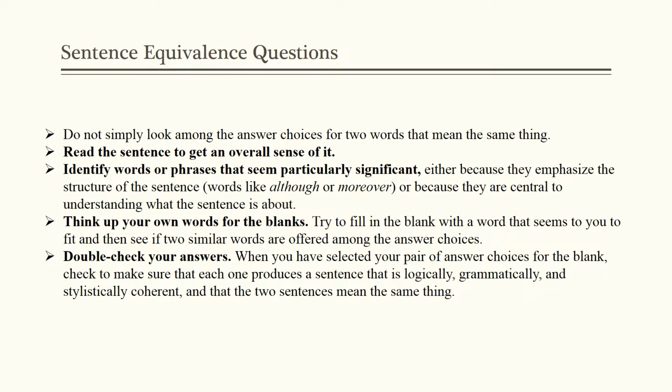Try to fill the blank with a word that you think might fit, and then look at the answer choices for two similar words that have the same meaning. And make sure you double check your answers. When you select a pair of answer choices for the blank, make sure that each of these words produces a sentence that's logical, grammatically correct, and coherent, and that the two sentences mean the same thing.